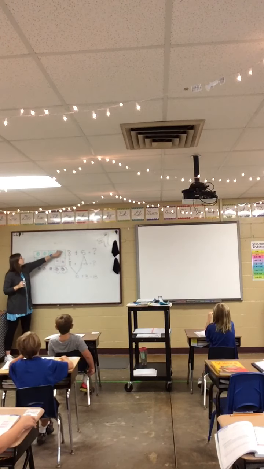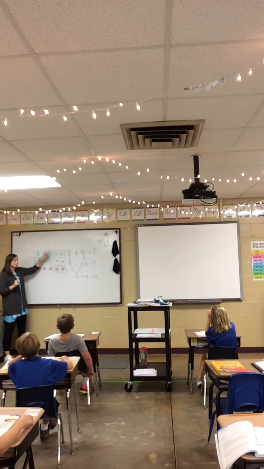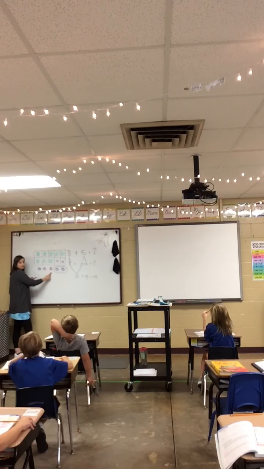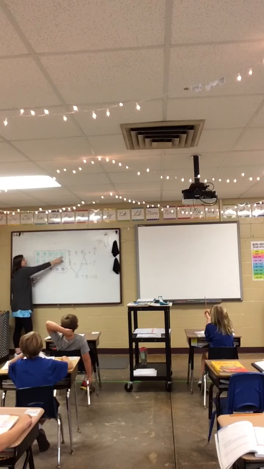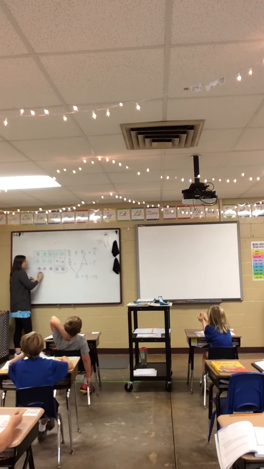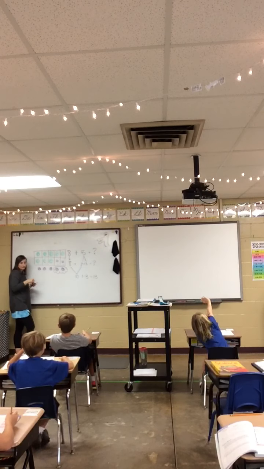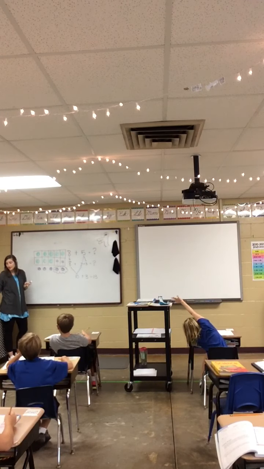So now this whole 10 frame has 10 circles in it, and then what's left over? 3. So we know we have 10 plus the 3 left over, which is going to equal 13. Okay, does that make a little bit of sense?